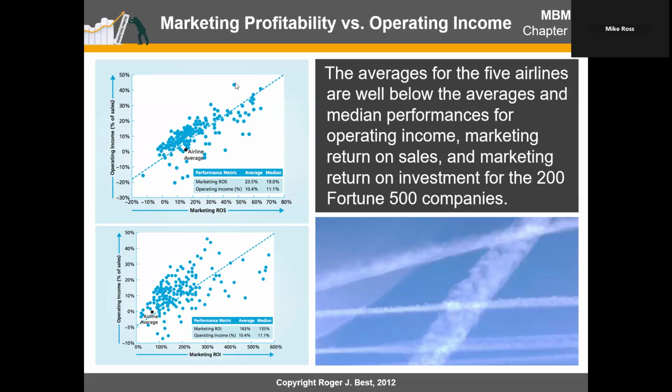If you're one of these Fortune 500 companies that resides well above the line, then I'm feeling pretty good, right? So airlines, again, tough businesses. How do I know it's a tough business? Because I'm pretty close to the line. I'm below the line here, and I'm barely above the line over here.